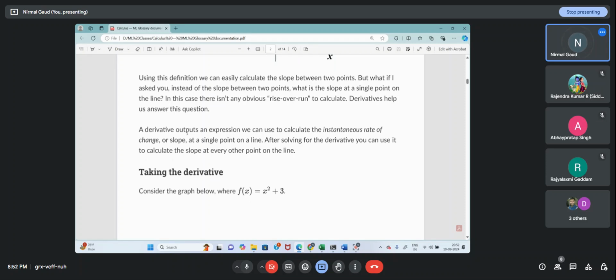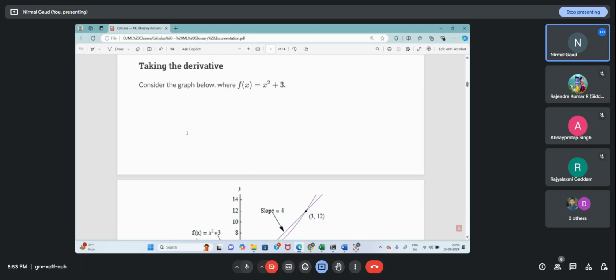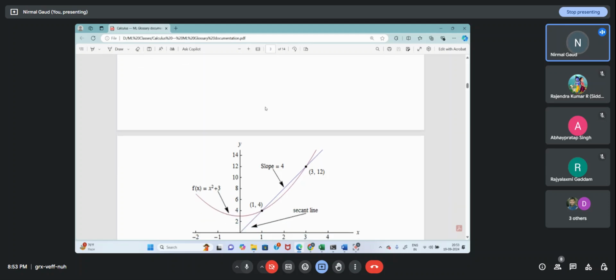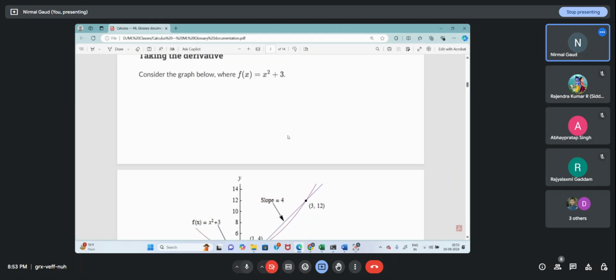Okay, fine. So using this definition, we can calculate the slope between two points. Okay, these are some examples. X square plus 3, calculate the slope of a curve.